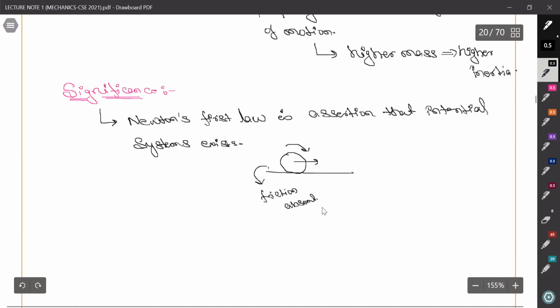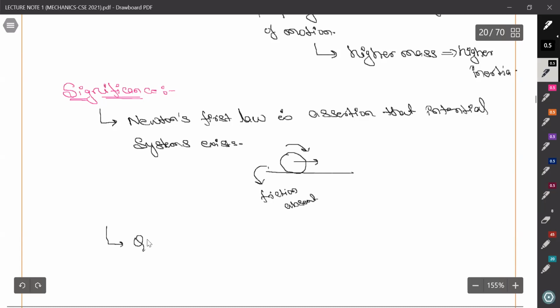No, it will continue its motion. So a force is also needed to stop the motion. Aristotle was wrong and Galileo was right, and later Newton used Galileo's statement to write his first law. The concept of inertia was first given by Galileo Galilei. We're not going much into the history of these things.